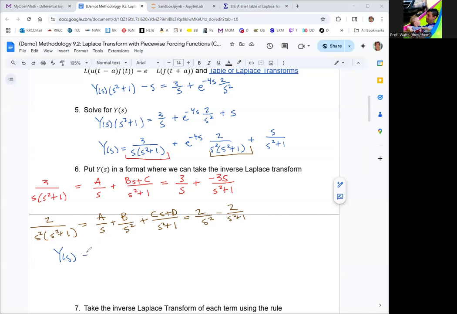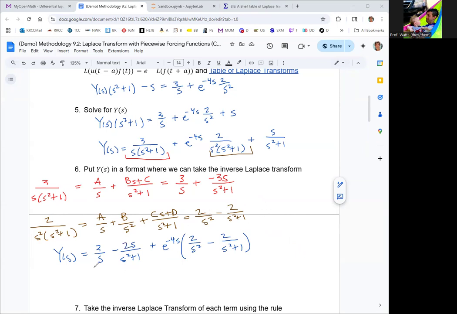We get the first fraction is 3 over s, and then you get minus 3s over s squared plus 1. And then e to the -4s, 2 over s squared minus 2 over s squared plus 1, and then plus s over s squared plus 1. Now that you have like terms here, those are both s over s squared plus 1, and it's like -3 plus 1, which is -2. So we can combine those by just adding that one to this one, and it goes from -3 to -2.